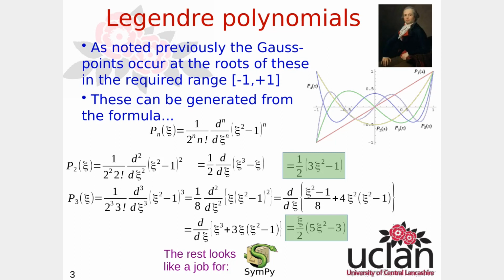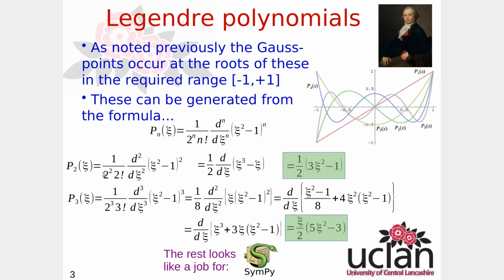If we went up to the second, we would put 1 over 2 squared times 2 factorial, which of course is 8, and then we differentiate this twice. We differentiate the whole thing first, so it would be 2 times this, multiplied by what's differentiated inside, so we would have a 4c outside.